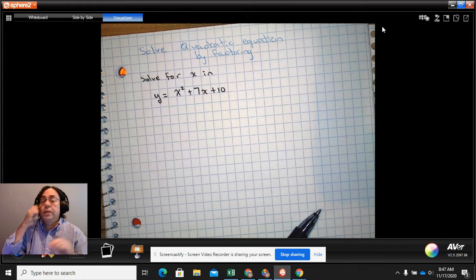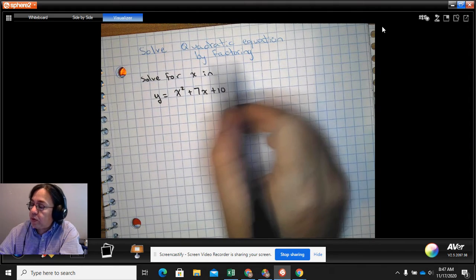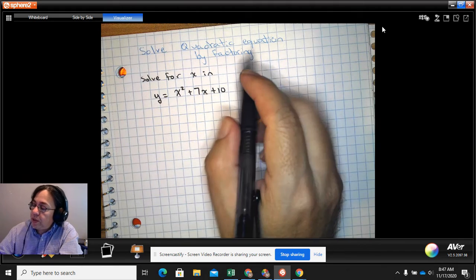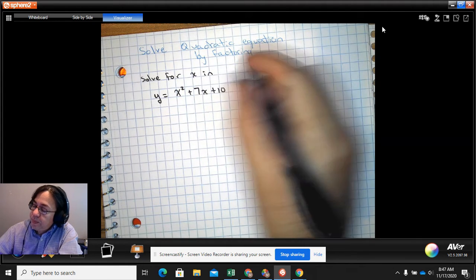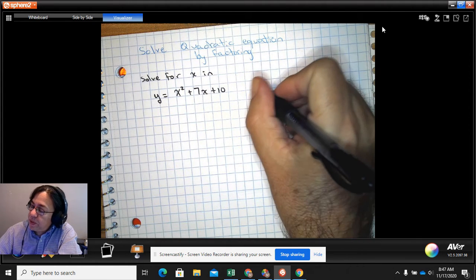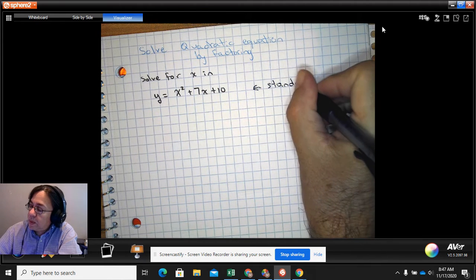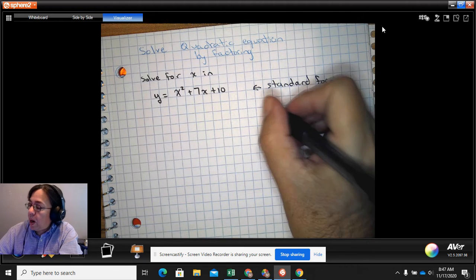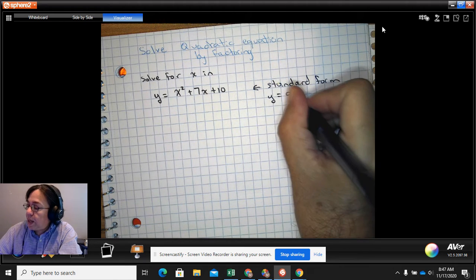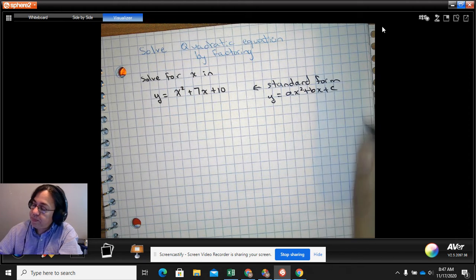All right, today's lesson is going to be about how to solve a quadratic equation by factoring. In specific, this equation is going to be in standard form. So here we know that this is in standard form because it's in the form of y equals ax squared plus bx plus c.